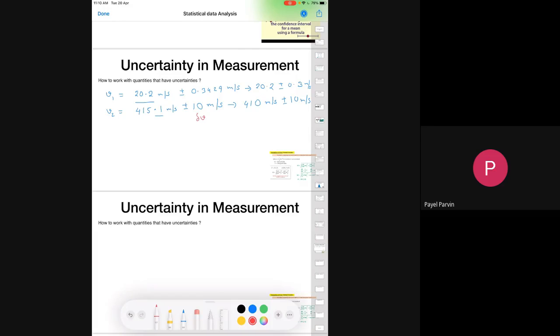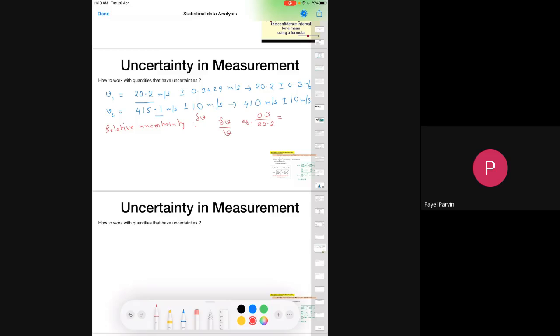So what is better to report is, of course, relative uncertainty. And relative uncertainty, as you can see, is basically delta V by V. So in case of V1, we have 0.3 by 20.2, which is 3 by 202, that's 1 by some fraction.